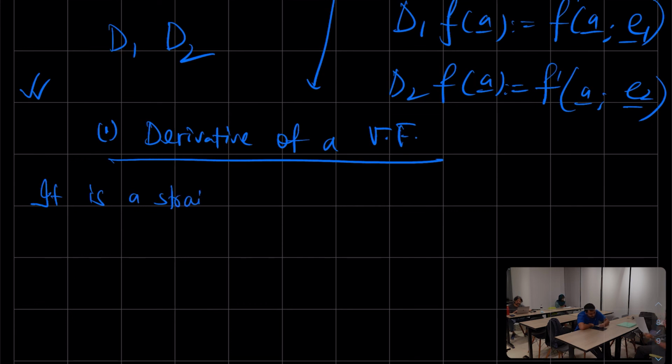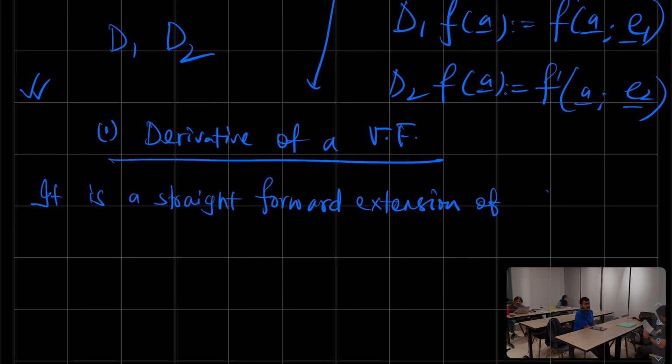Vector fields are supposed to be more complicated, but once you know scalar fields, the complicated becomes much simpler. So we have a head start now. It is a straightforward extension of scalar fields. Okay, I'm using this for the first time, so let me write it down.